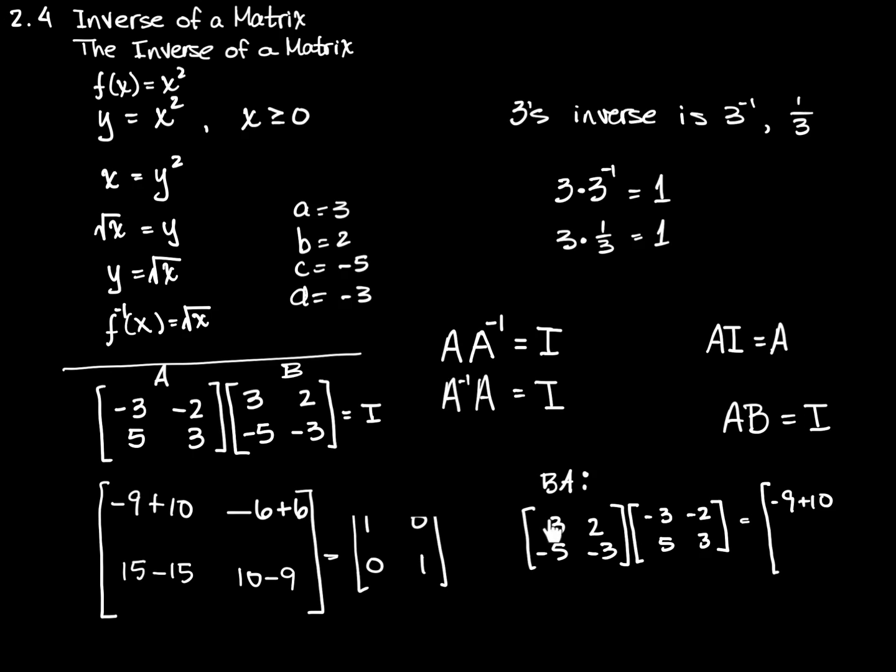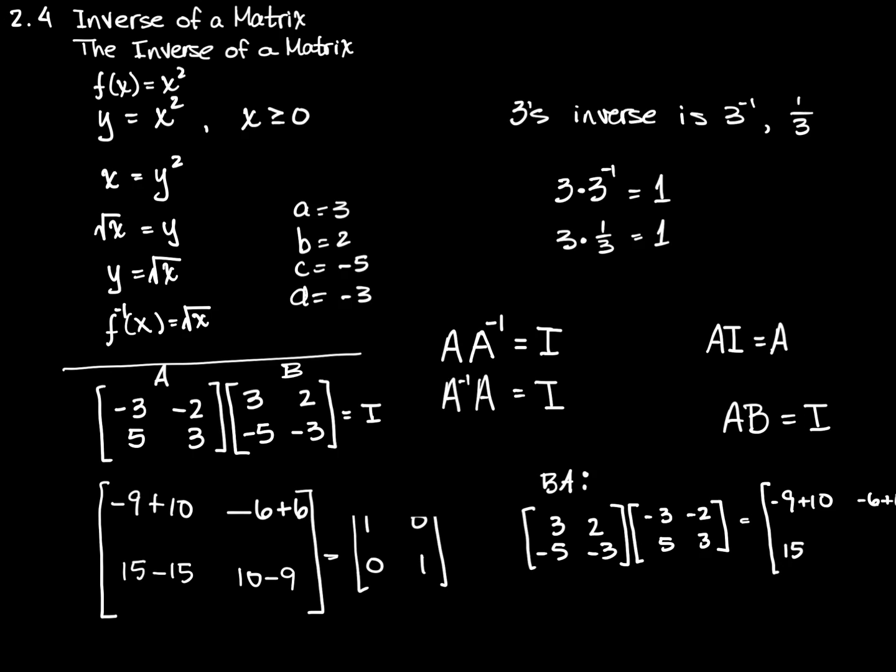Then I'll have 3 times -2, which is -6, and 2 times 3, which is +6. -6 plus 6. Then the second row gives me -5 times -3 is +15, plus -3 times 5.